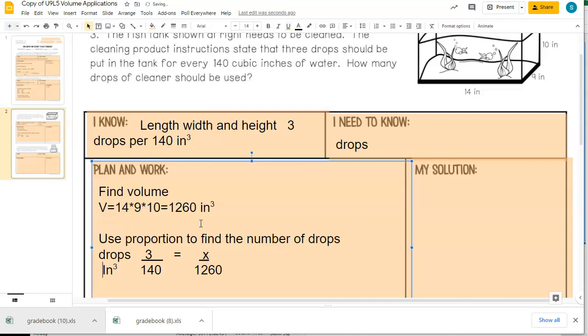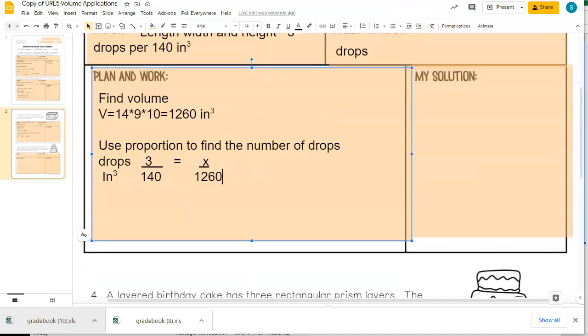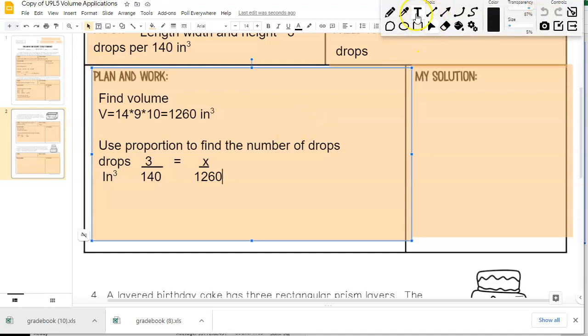So now how do I solve this equation? Well, I've got my proportion equation. To get rid of a division, I have to multiply. So I am going to multiply both sides by 1260. So I've got 3 times 1,260 all divided by 140, and that's going to equal x.